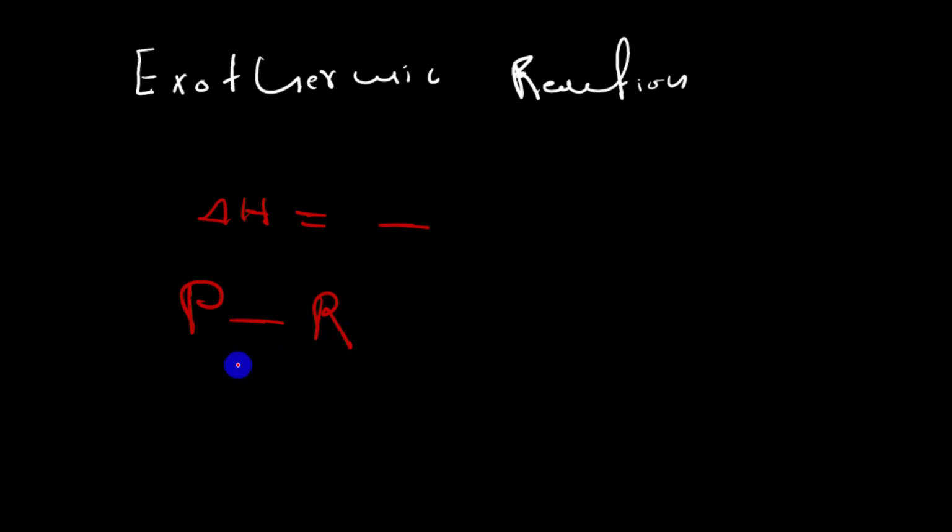The enthalpy change means the difference between the product and the reactant potential energy. So when we subtract a big number from a small one, we always get a negative. Therefore, in an exothermic reaction, the enthalpy change is always negative.